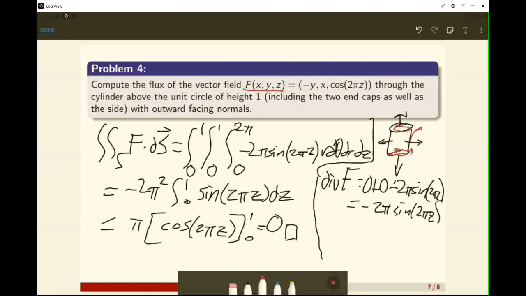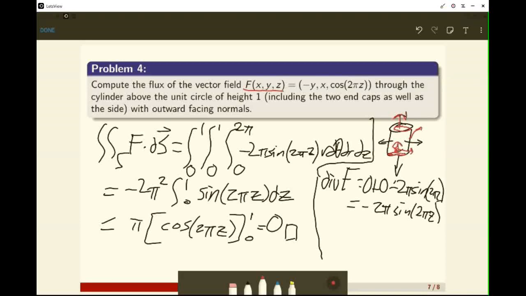So our vector field, this drawing is very cluttered, but our vector field is pointing upwards in both of those cases with the same z component.